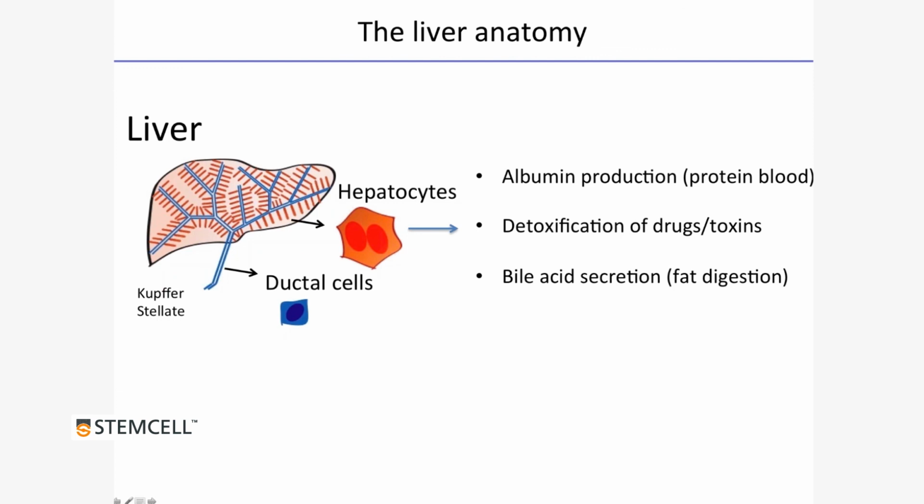Hepatocytes and ductal cells are the epithelial, endodermal derived cell types of the liver, while the other cell types, like the Kupffer cells or stellate cells, work in conjunction with them and are not endodermal derived.